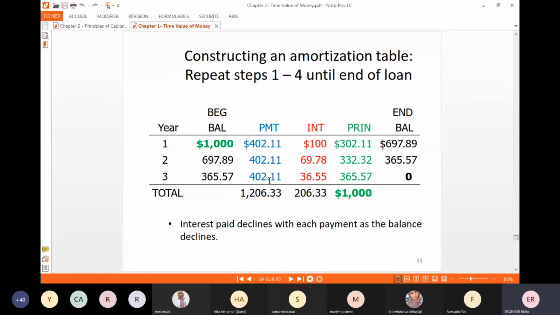These $1,000 will cost us the same, because the present value of all these payments will equal 1,000. So if we are asked to compare 402.11, 402.11, 402.11 after 1 year, 2 years, 3 years, their present value today will give you 1,000.